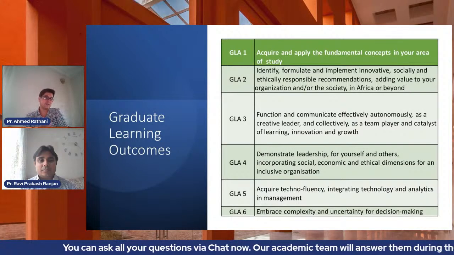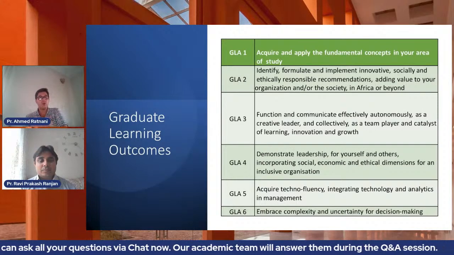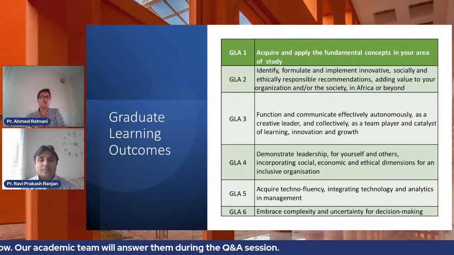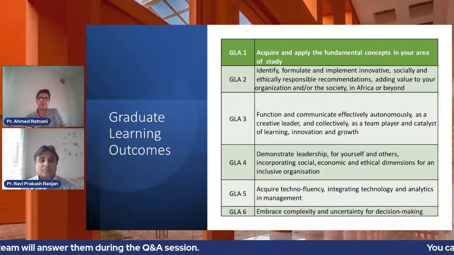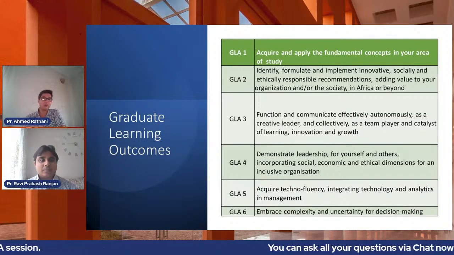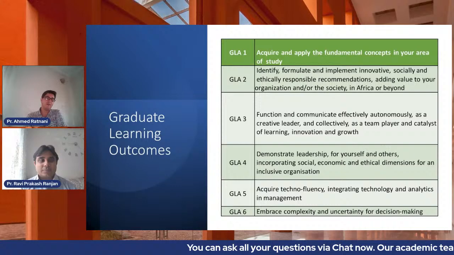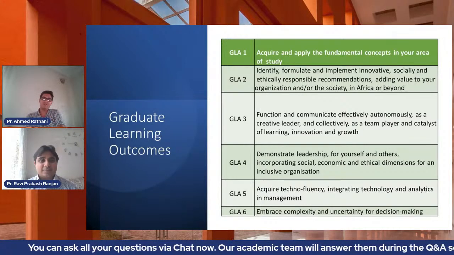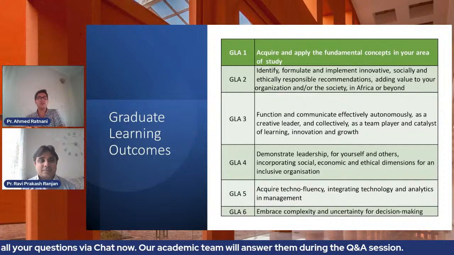And finally, at the end of this program, all the students will embrace complexity and also uncertainty for decision making. So I think for sure, you heard a lot the word complexity. Nobel Prizes this year were dedicated to complexity, and the world where we are living is very complex.